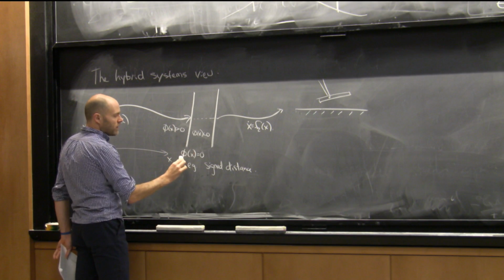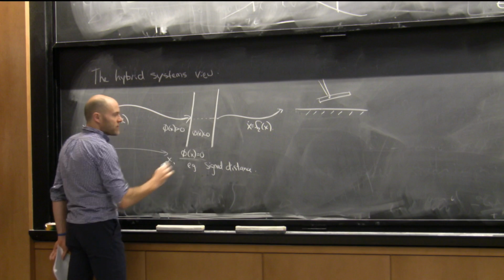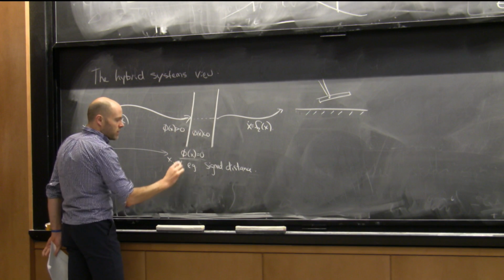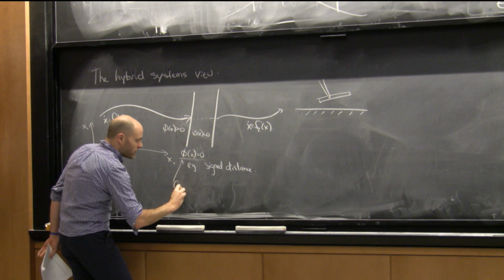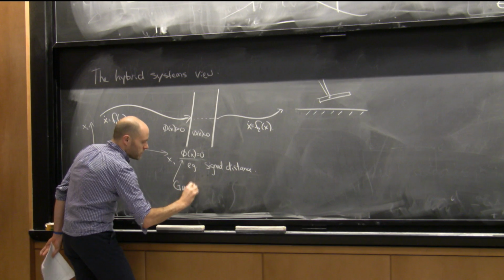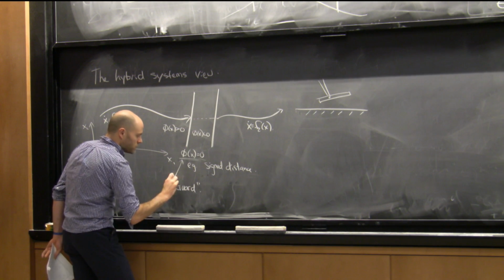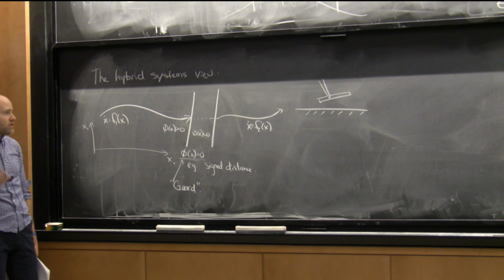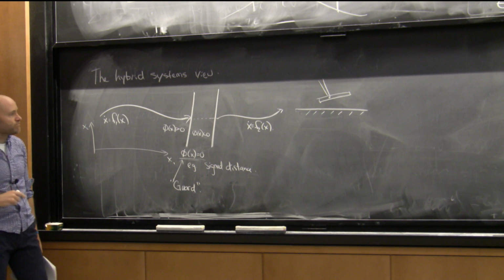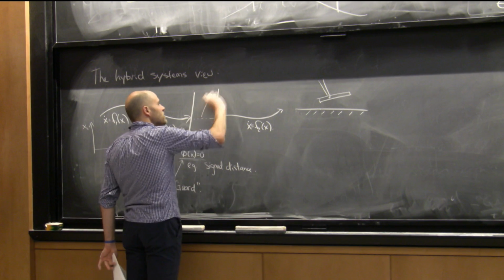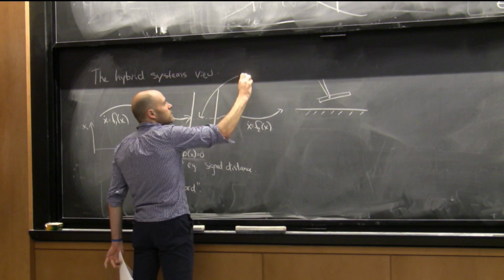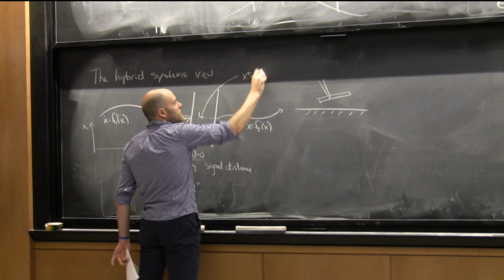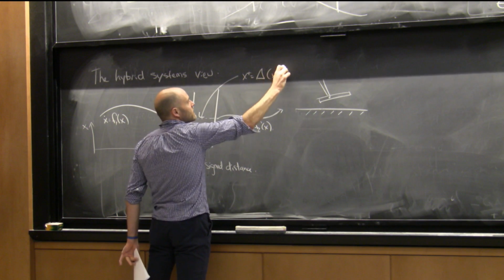Okay, so this event is also called the guard in the hybrid systems world. This thing guards this hybrid transition. And then the update equation, x plus is some function of x minus.